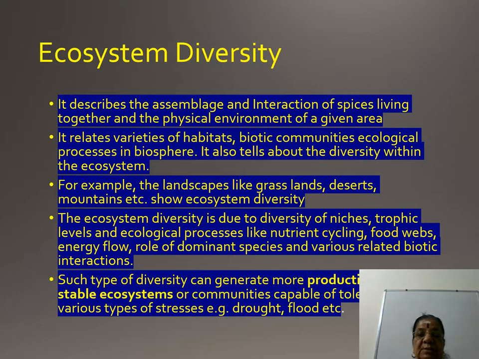It also tells about the diversity within the ecosystem. Example, landscapes like grassland, desert, mountain show ecosystem diversity. Grassland, desert and mountain have many plants and animals, and many medicinal plants in the mountain region.